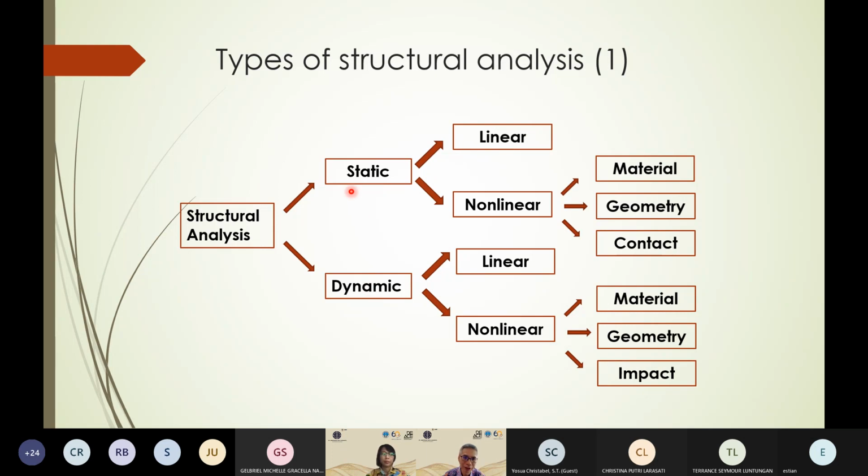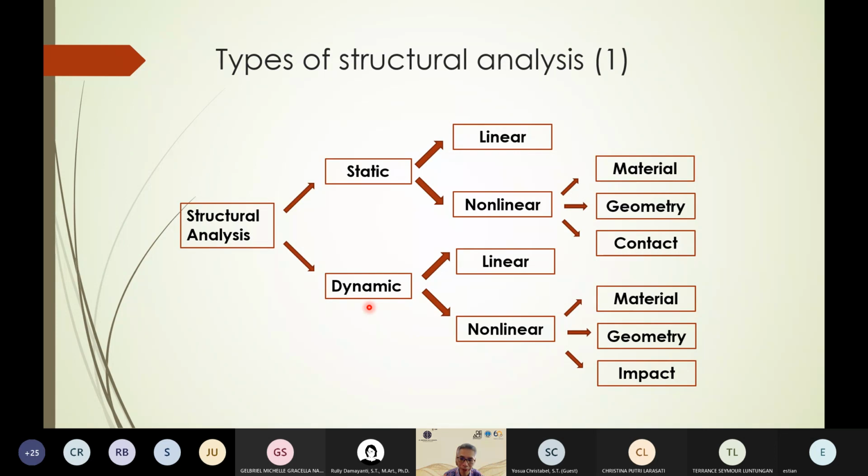What's the difference? In static analysis, we don't consider the inertial effect, and also we don't consider how the loadings change with time. While in dynamic analysis, we include the inertial effect.